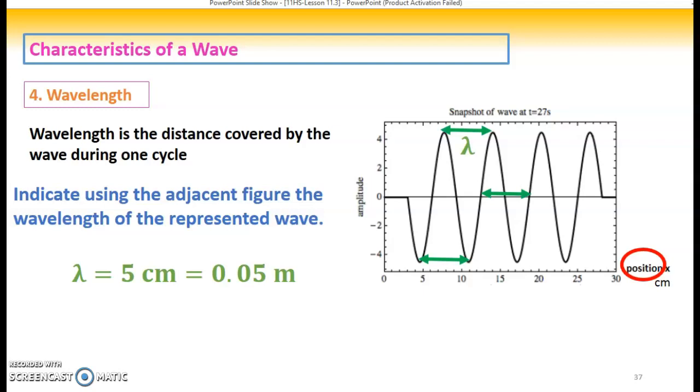According to the graph, between 4.5 and 11, so 11 minus 4.5 is equal to 6.5, not 5.